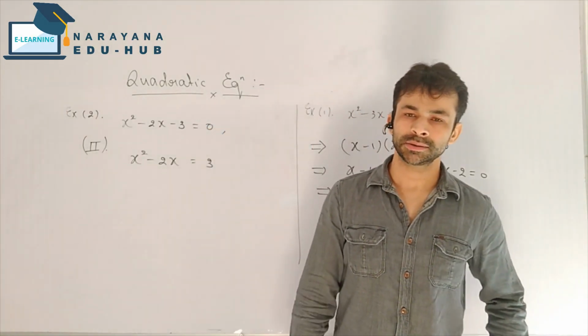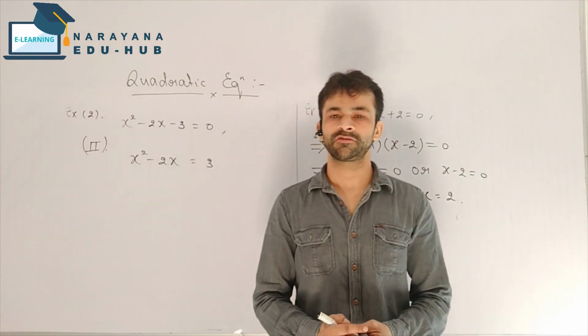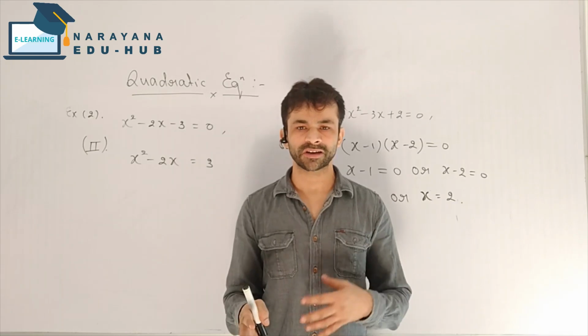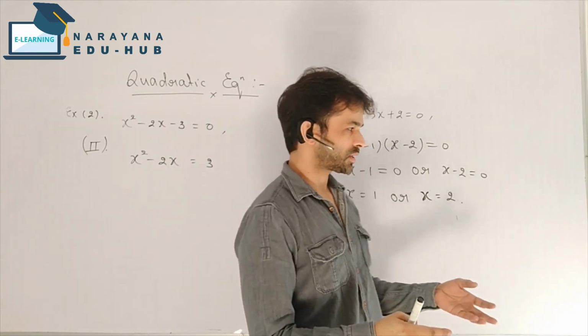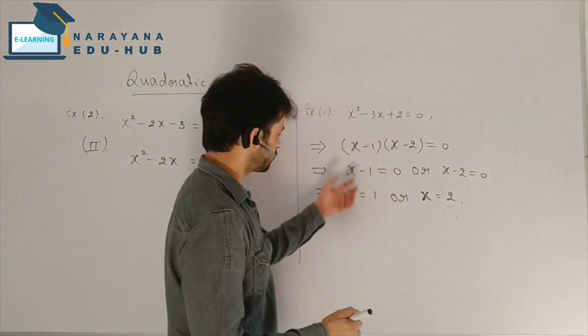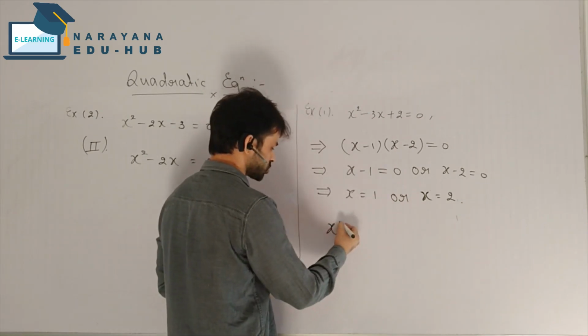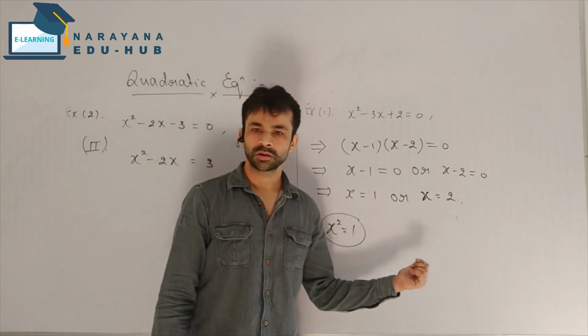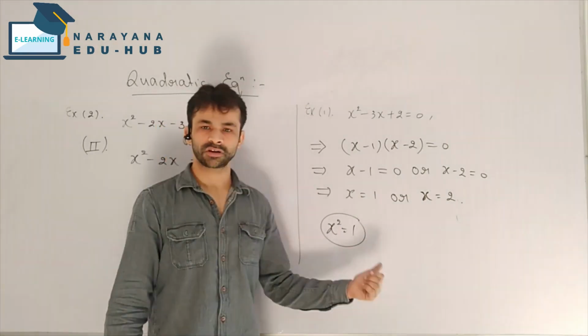The method of the derivation of that formula is, first of all, you make it a perfect square. Like just before this, we had x square is equal to 1, a perfect square, so we can easily find the value of x.